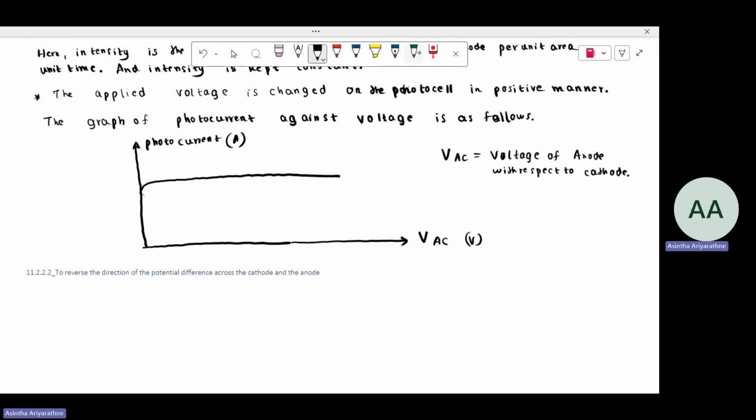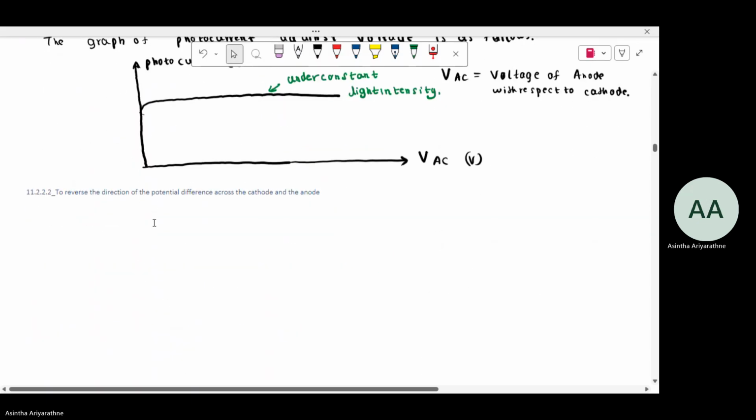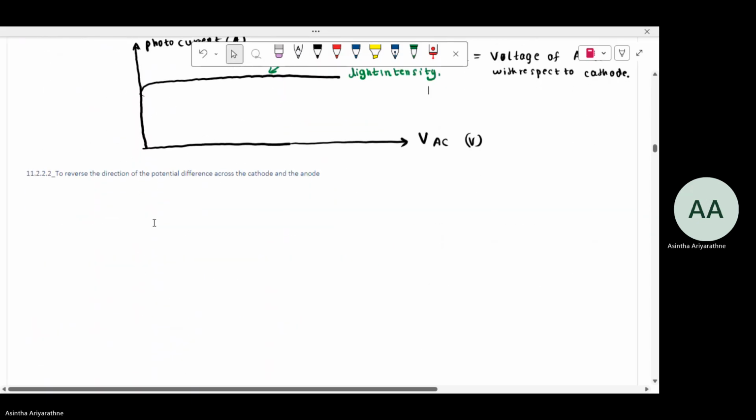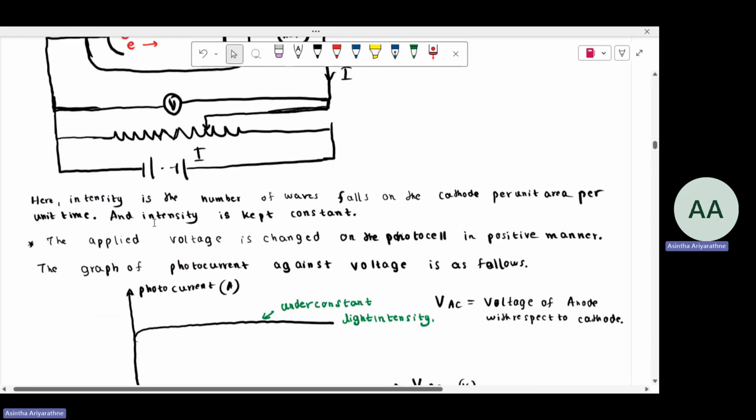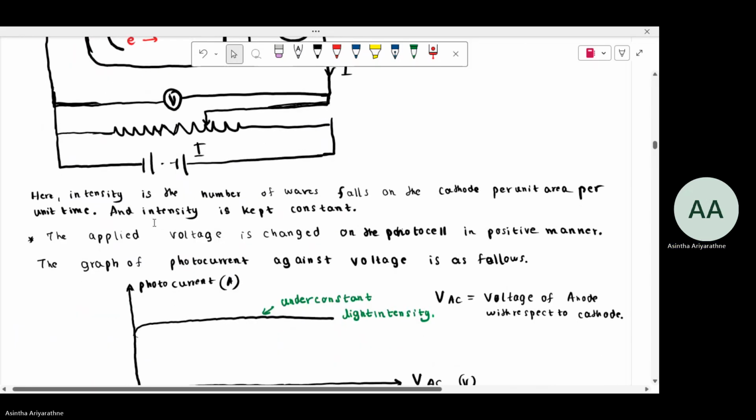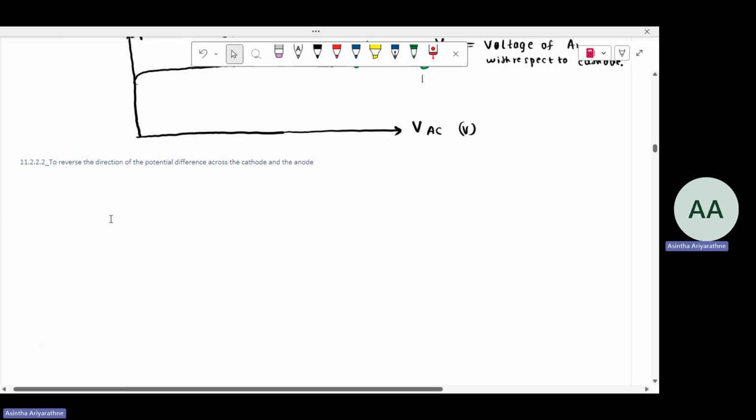This is at constant light intensity. Then the next experiment: what happens if the terminals of the battery are reversed?